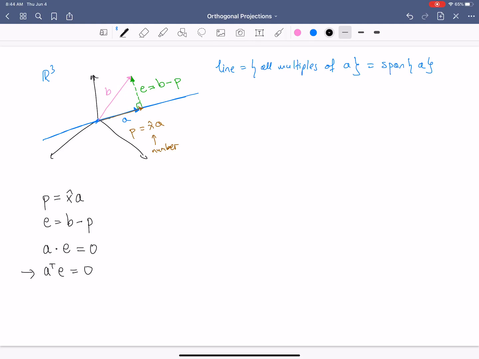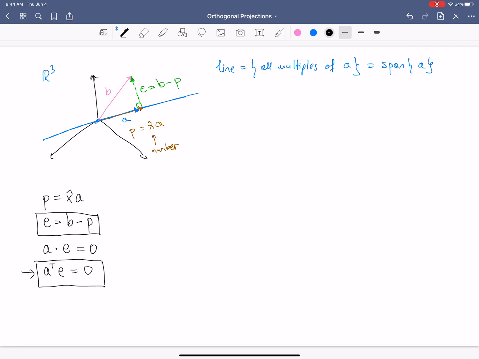So now, from knowing what P is, or rather from the equations E equals B minus P and A transpose E equals 0, we would like to find what this x hat has to be, because that's how we will find the projection.